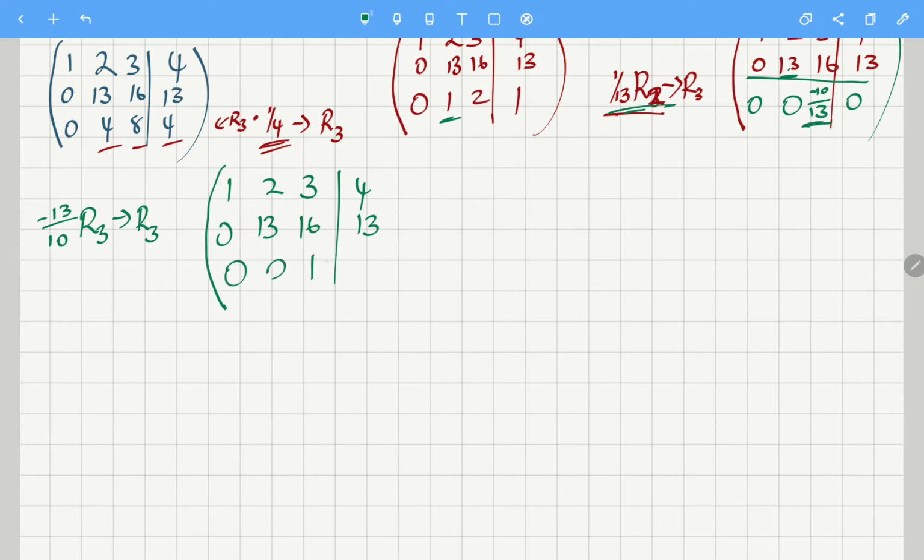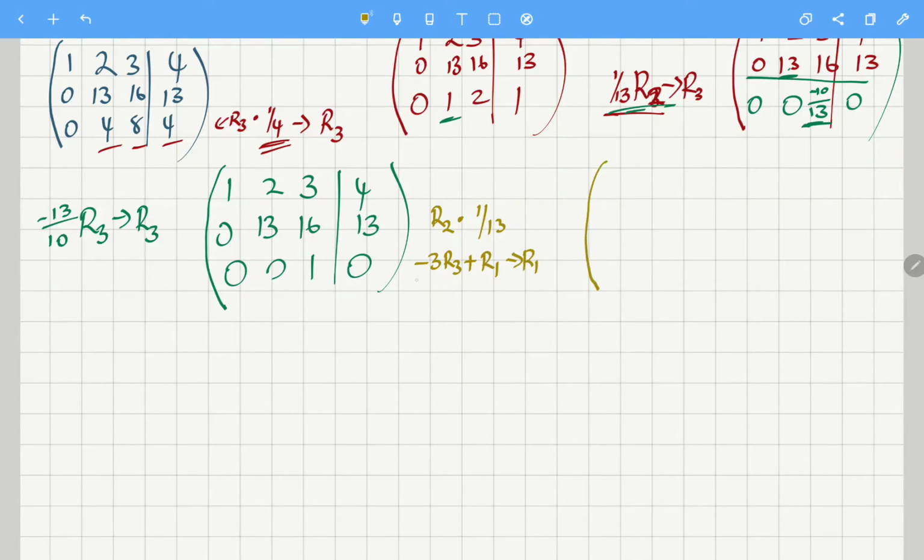Then I'm going to multiply row 2 times 1 over 13, and also minus 3 row 3 plus row 1, that becomes row 1.